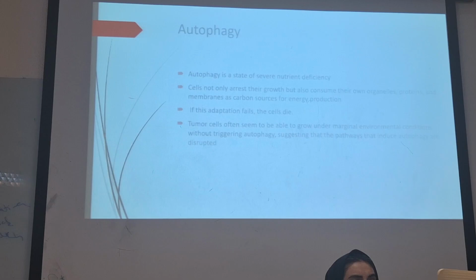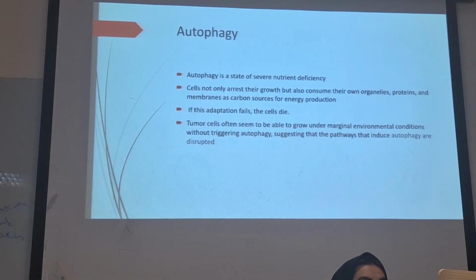So now about autophagia. Autophagia is a state of severe nutrient deficiency. Cells not only arrest their growth in this situation, but they consume their own organelles, proteins, and membrane as a carbon source for energy production.